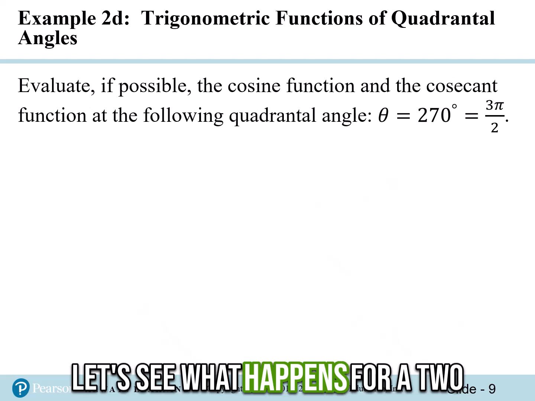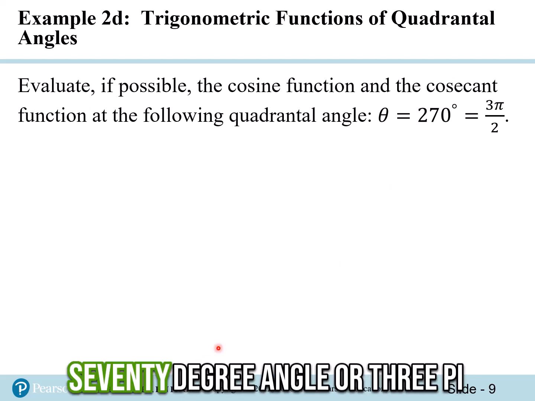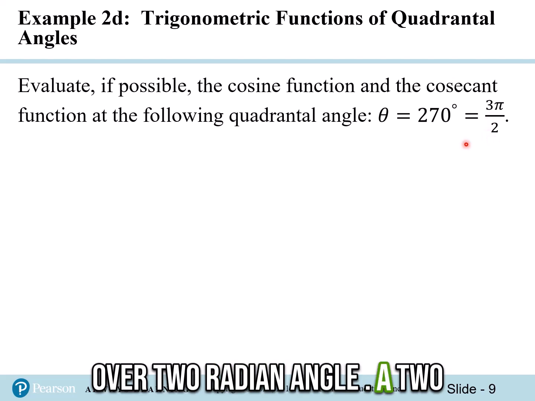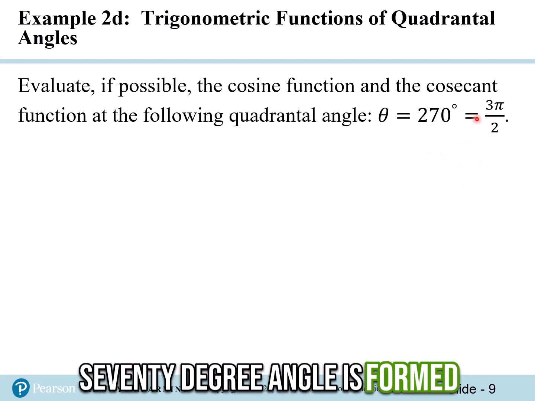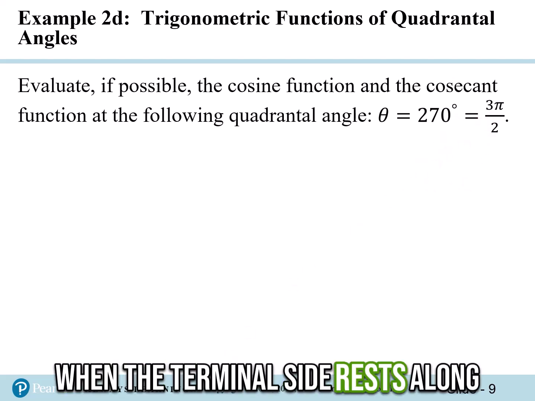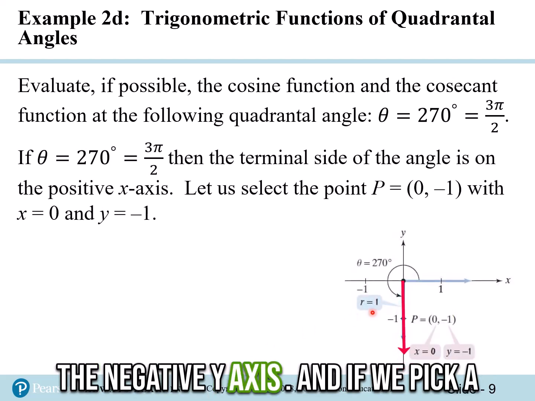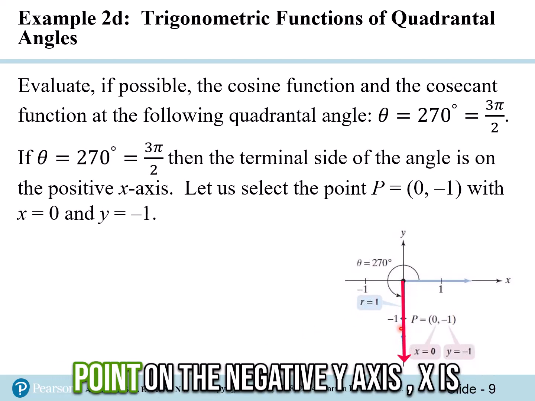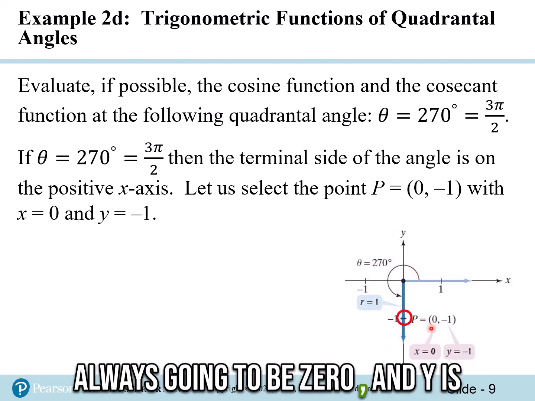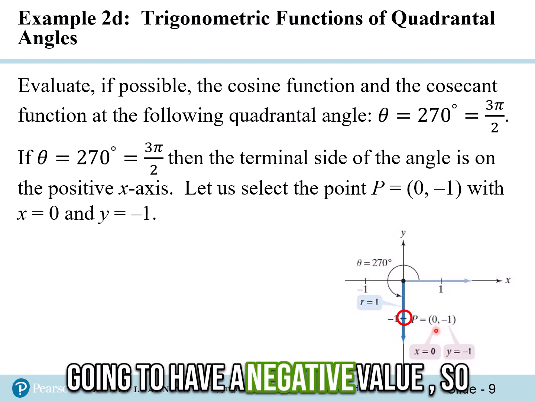Let's see what happens for a 270-degree angle or 3 pi over 2 radian angle. A 270-degree angle is formed when the terminal side rests along the negative y-axis. And if we pick a point on the negative y-axis, x is always going to be 0 and y is going to have a negative value.